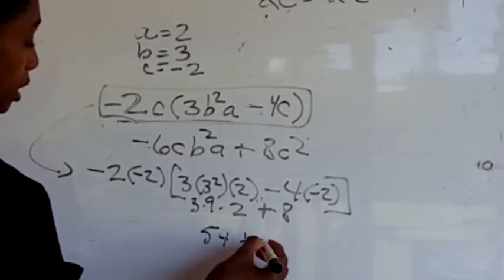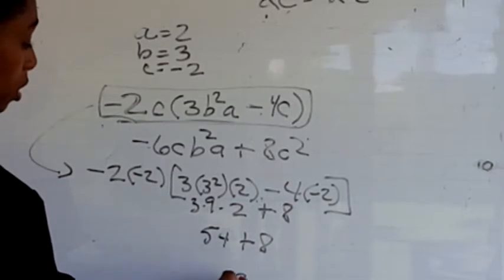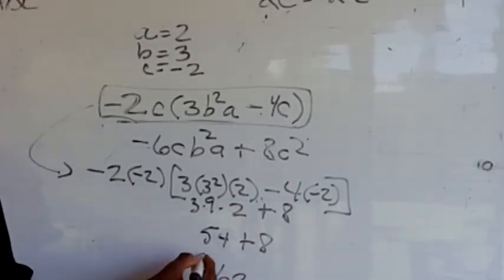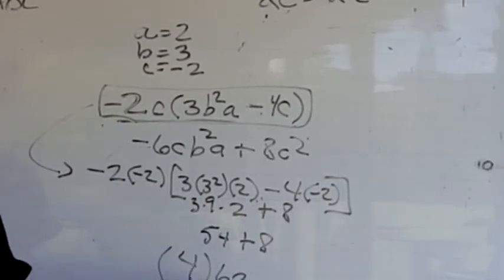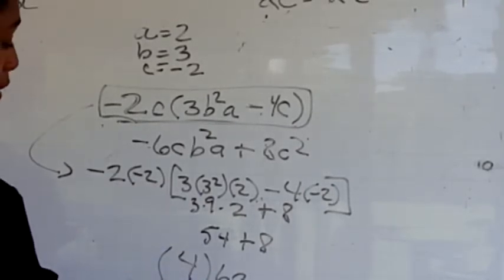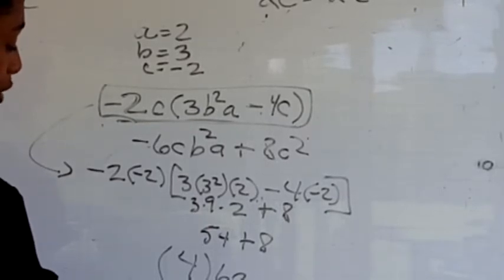So 54 plus 8 is 62. And then on the outside, we have negative 2 times negative 2, which is 4. So 62 times 4 is going to be 248.